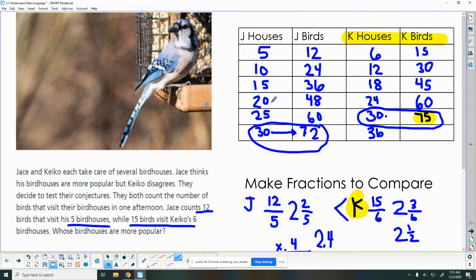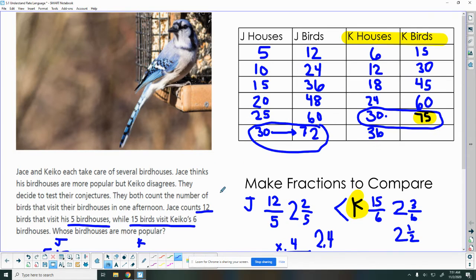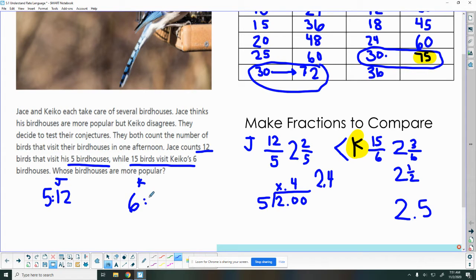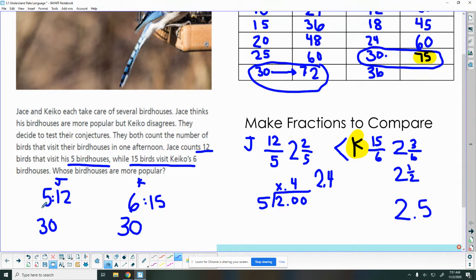I could have said I have 5 houses and 12 birds come for Jace, and Kiko has 6 houses that 15 birds come into. And I could have made the houses the same, and I could have skipped right to that number 30, their least common multiple. And these are just like fractions. To get from 5 to 30 was times by 6.